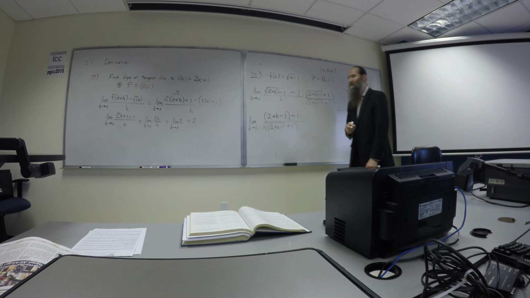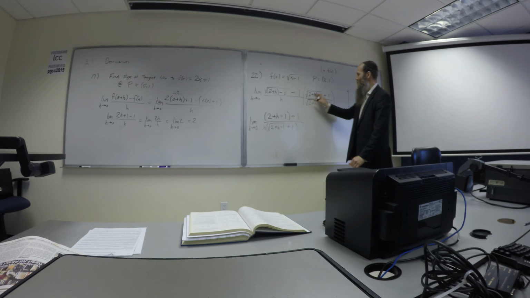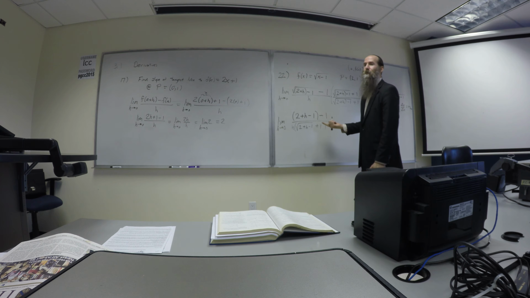Agreed? I remove the parentheses inside the radicals because they're not doing anything. 2 plus h minus 1 is the same either way. You add this together, you just get h, correct?